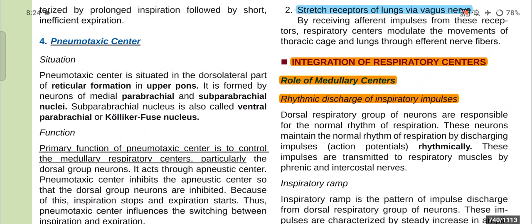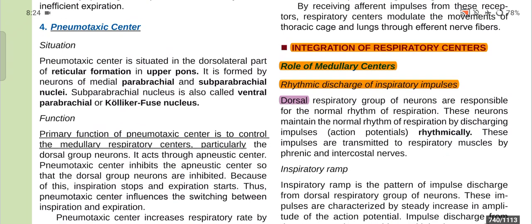Dorsal respiratory group of neurons are responsible for the normal rhythm of respiration. So which group of neurons is responsible for the normal rhythm of respiration? That is the dorsal respiratory group. In a previous video, we have already discussed this.